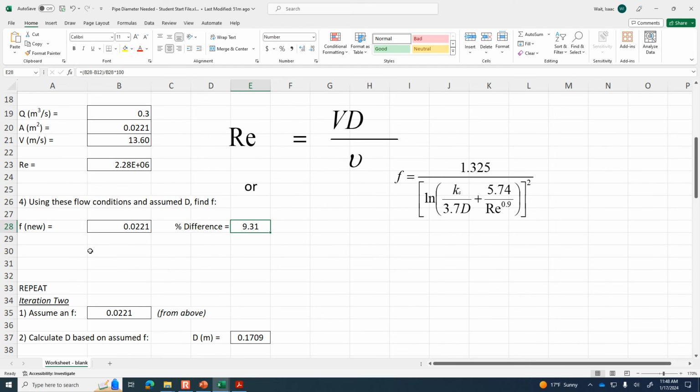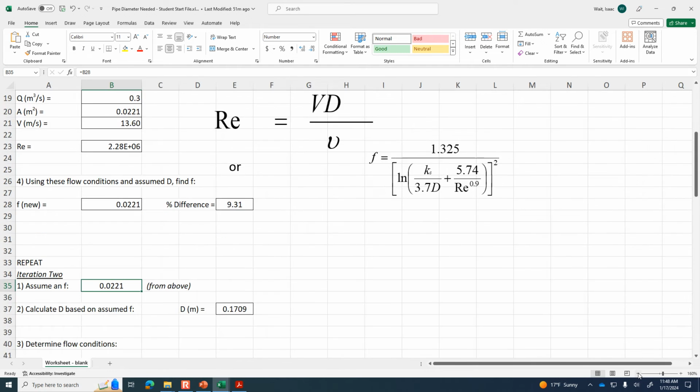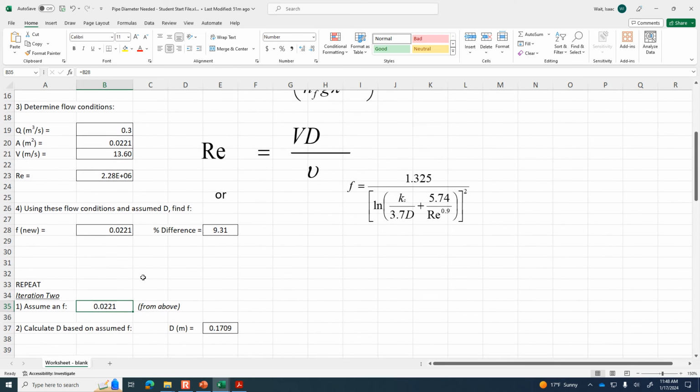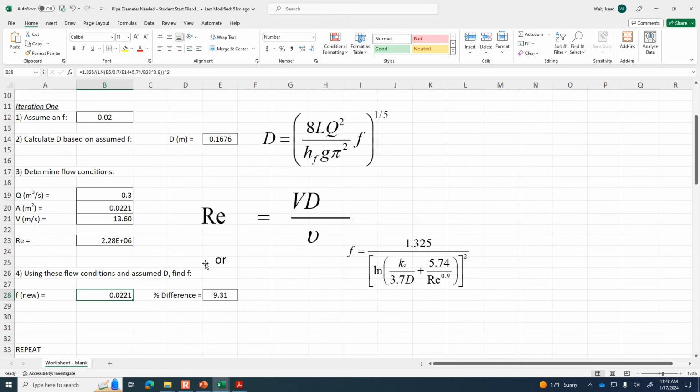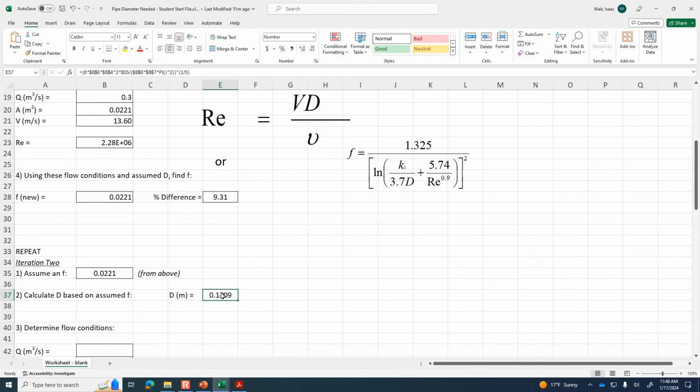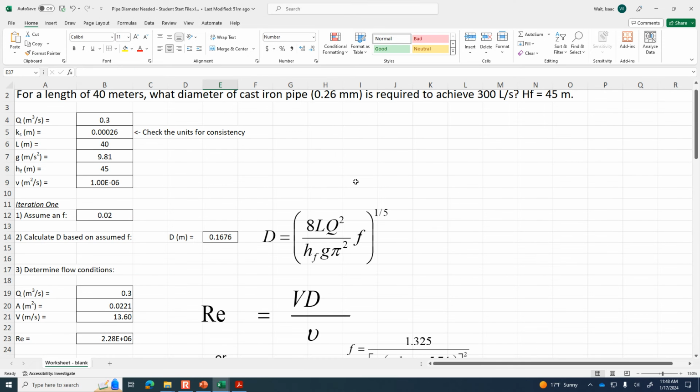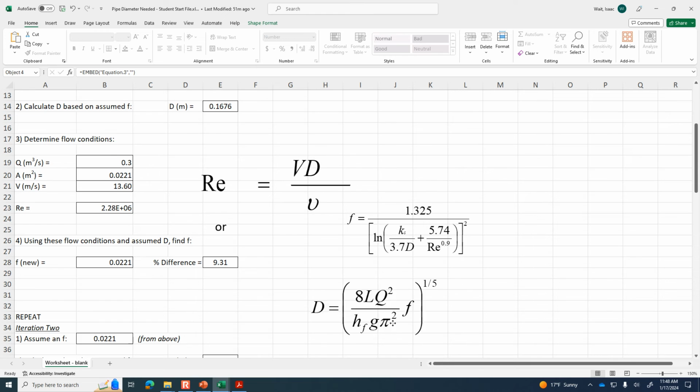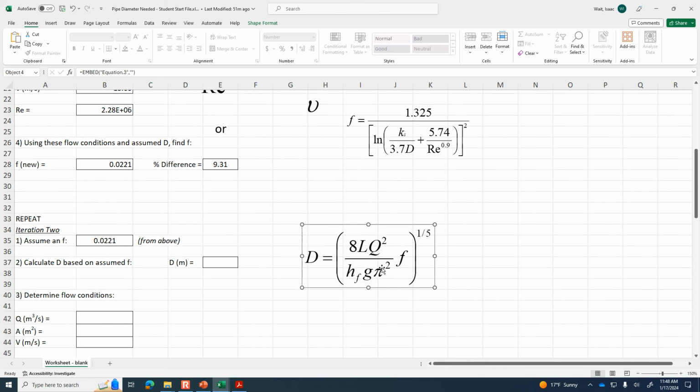All right, so now in iteration 2, what I'm going to do is use this improved F value that I've just calculated, and I want the diameter to be calculated using this equation, but with the new F value.